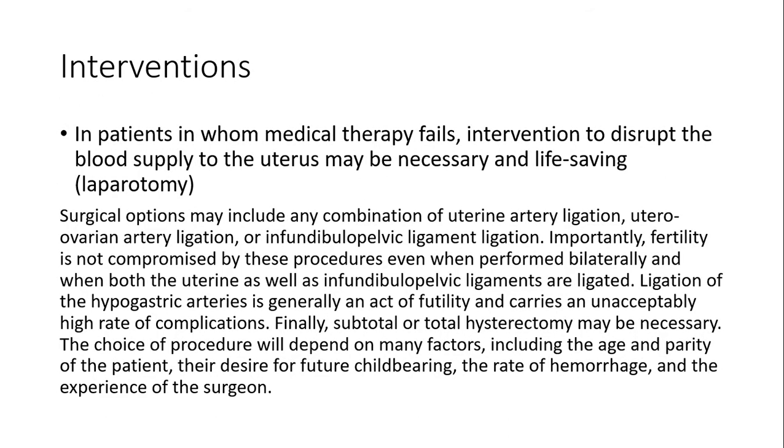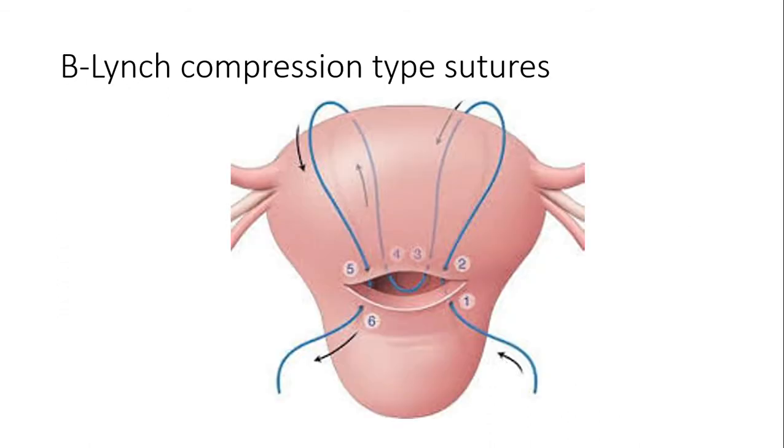In patients in whom medical therapy fails, you need to disrupt the blood supply to the uterus and save the life of the patient. One of the modern methods of controlling bleeding is to put so-called B-Lynch compression sutures.